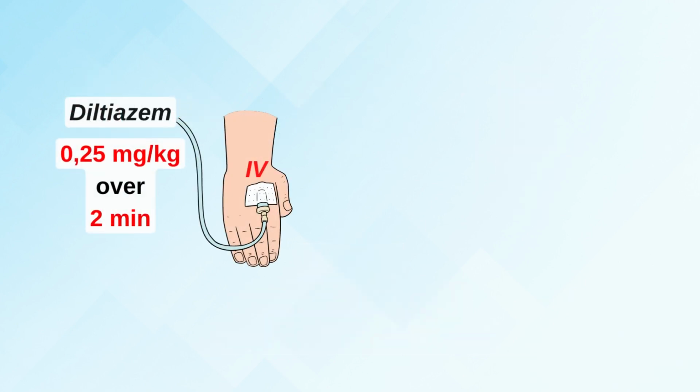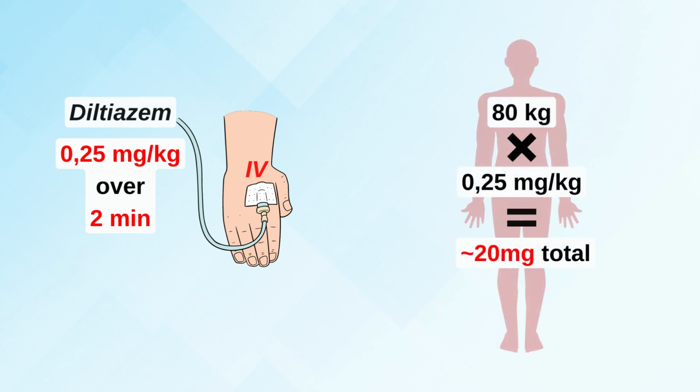And we will give a dose of around 0.25 milligram per kilogram of weight of the patient. And we'll give that in rather short time, so within 2 minutes. And usually around 20 milligram is given. If you calculate 0.25 milligram per kilogram, we would see that we are dealing with a patient of 80 kilograms.